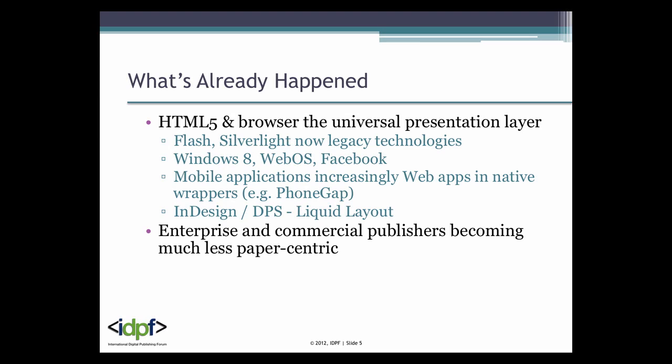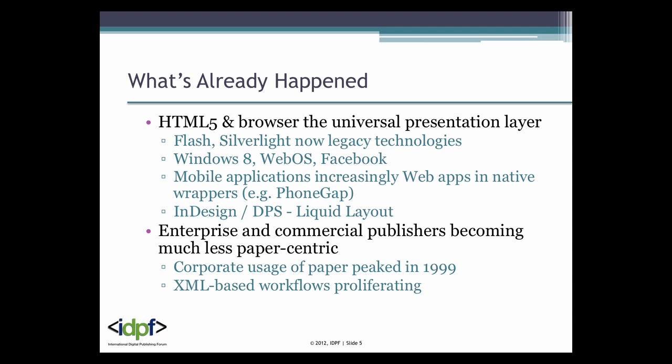And then we have to recognize the reality that paper centricity is decreasing. In fact, corporate usage of paper peaked in 1999 and has been dropping substantially since, around the globe in most places in the developed world. So we've got declining usage of paper. We've got XML-based workflows proliferating, and again, we've already got the early beachhead.